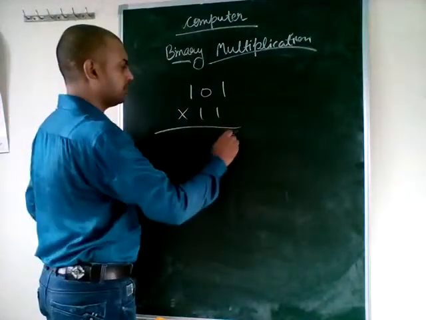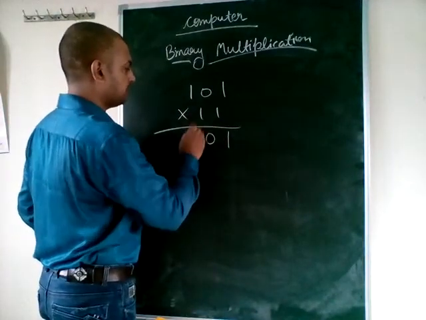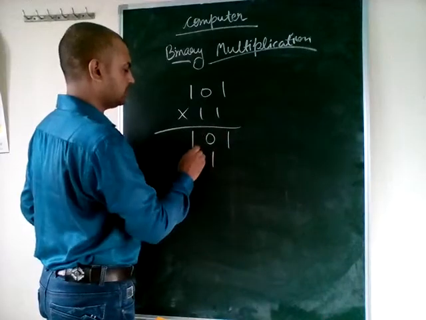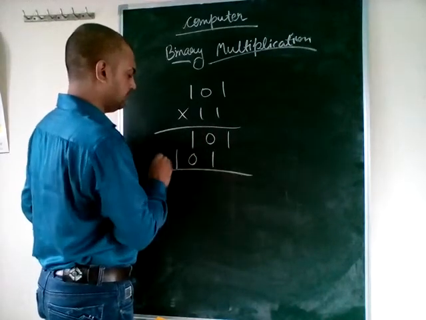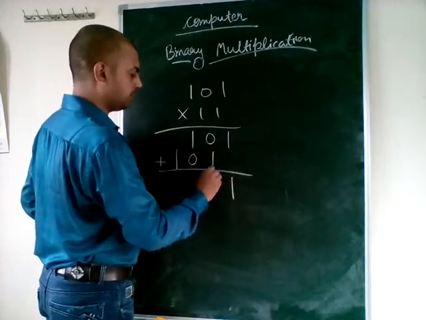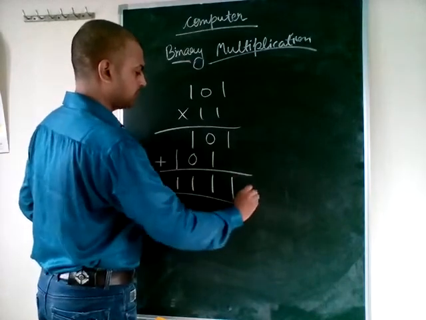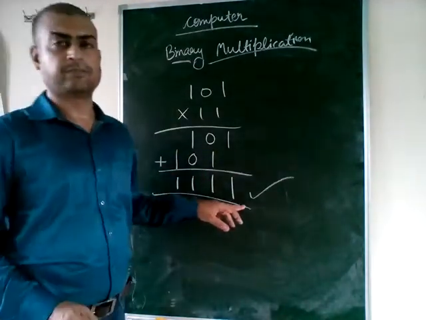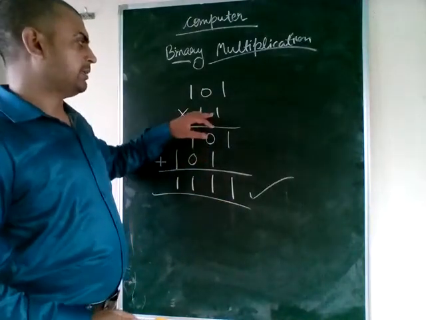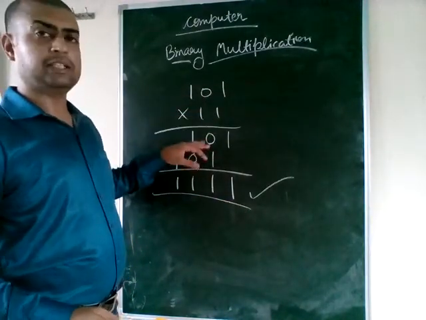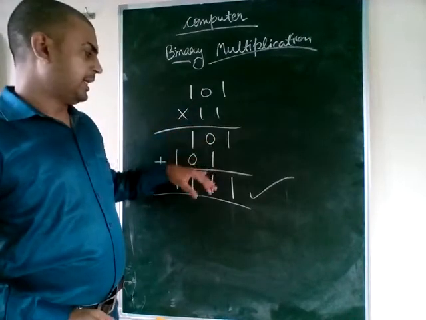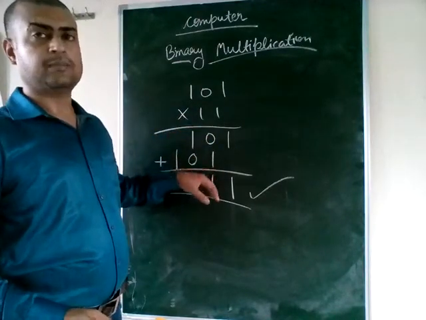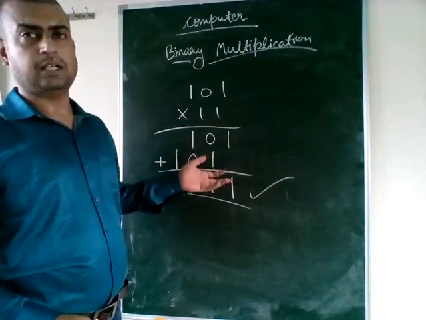Now 1 one is 1, 1 zero is 0, 1 one is 1. Now you have to add these numbers, 1111. So finally this is the answer of this question. I hope you understand. Simply you will multiply the number as you do in decimal format, and then add the numbers as you do in decimal format.